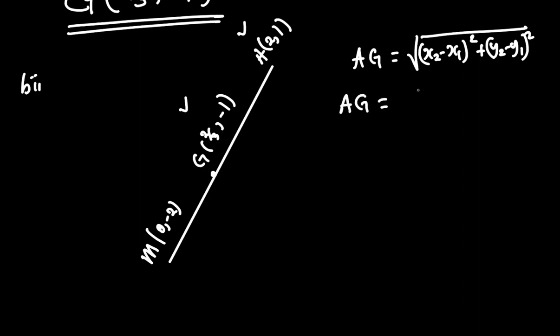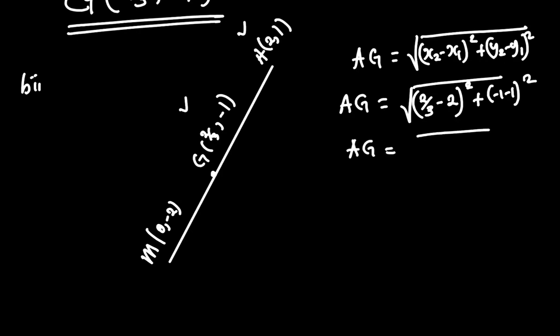So this is going to be 2 over 3 minus 2 all squared, then plus minus 1 all squared. Now AG will be, this is minus 4 over 3.